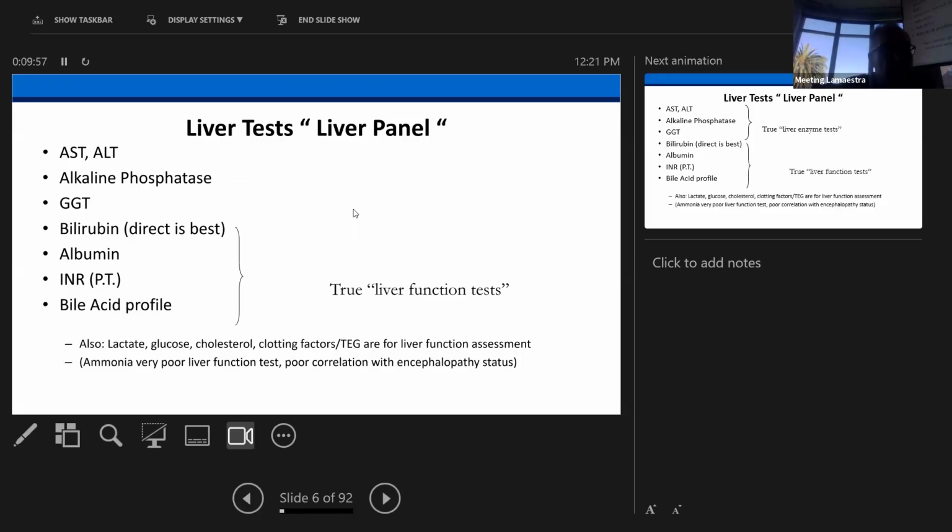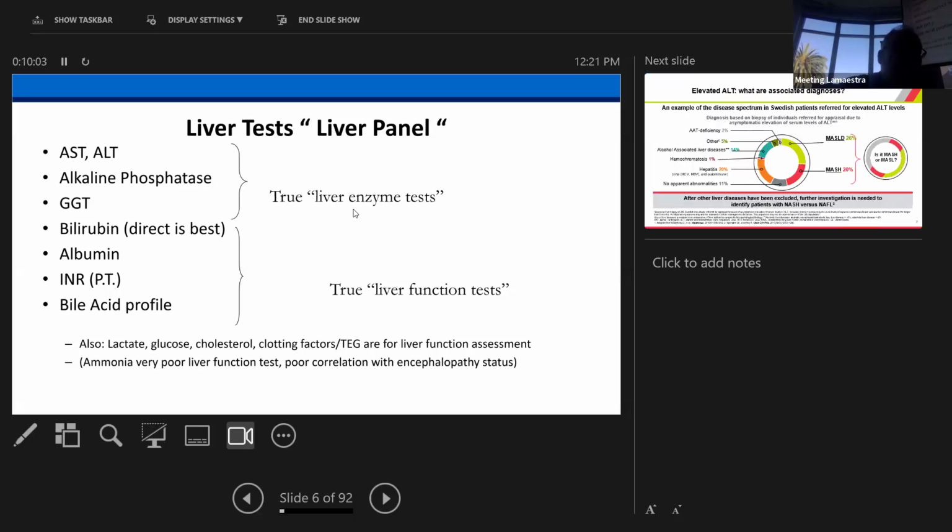That's actually 5 tests, but 4 make it sound round. Of course, the other 4 pillars are AST, ALT, ALK-Phos, and GGT. These are liver enzymes. Don't call enzymes function and don't call function enzymes. Be really separate about these 8 pillars, right? 4 and 4.